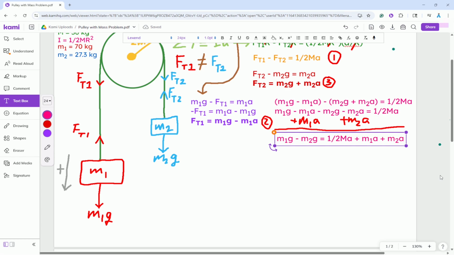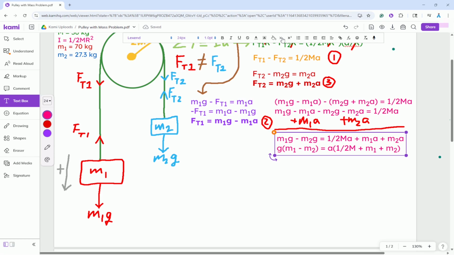Let's factor G from the left. And you get G multiplied by the quantity M1 minus M2. And on the right, they all have A in common, so we can factor out the A, and you're going to get 1/2 M plus M1 plus M2.